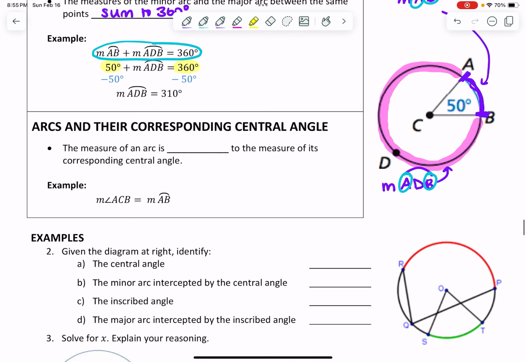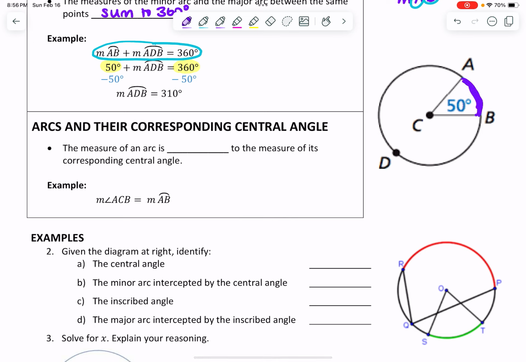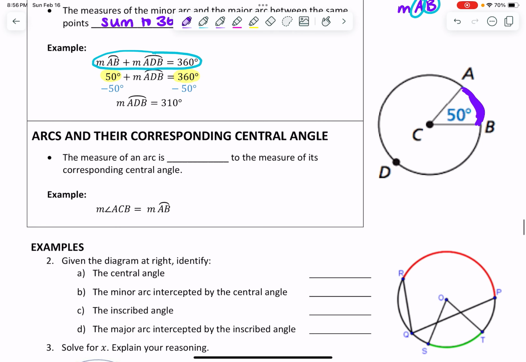Okay, that's one thing I can do. The second thing I can do is when I'm taking a look at arcs and the corresponding central angle. So I have an arc that I'm talking about, specifically the measure of a minor arc. And when I'm talking about the central angle that intercepts it, in this case, I have angle ACB that intercepts to create that minor arc.